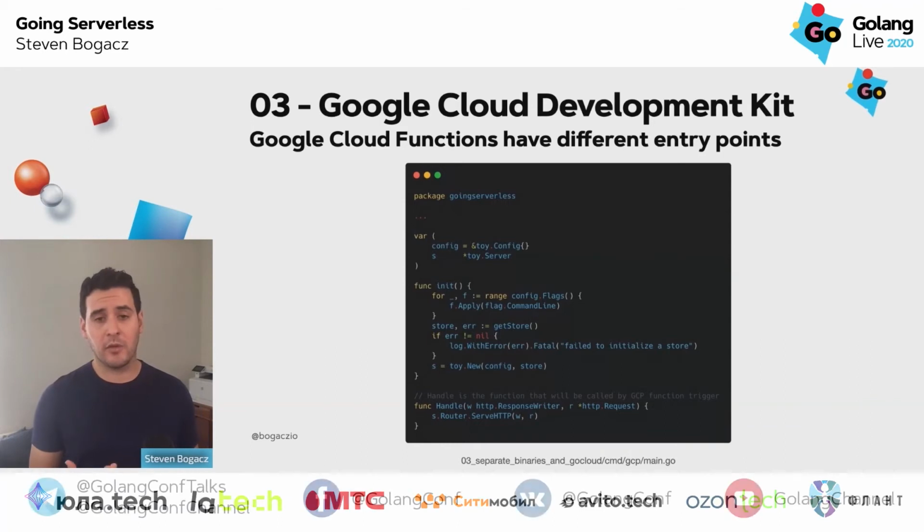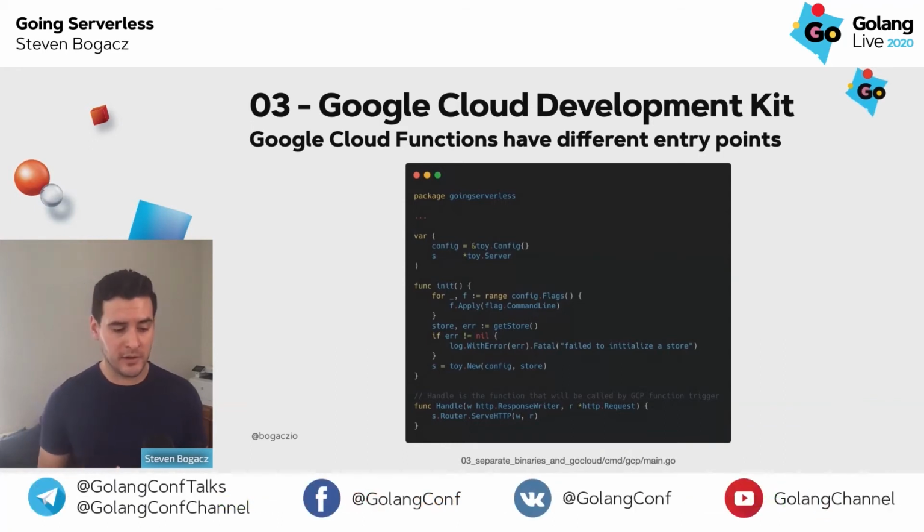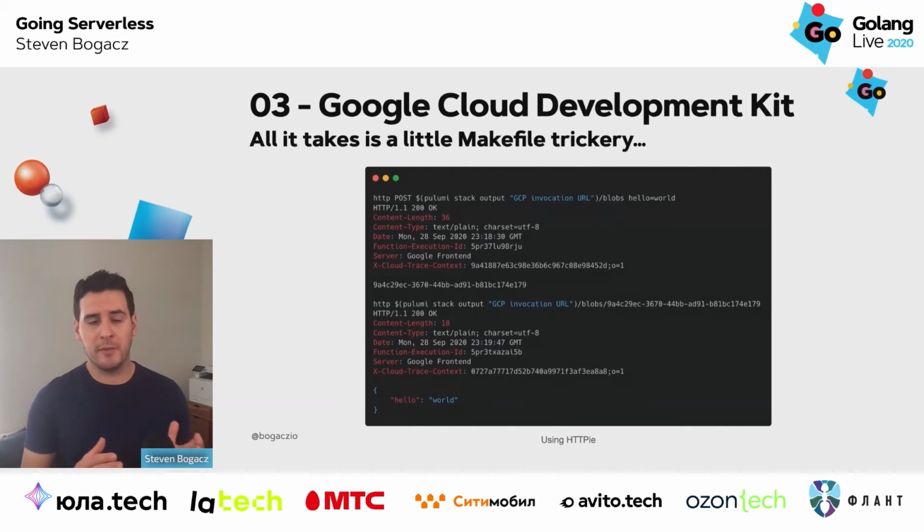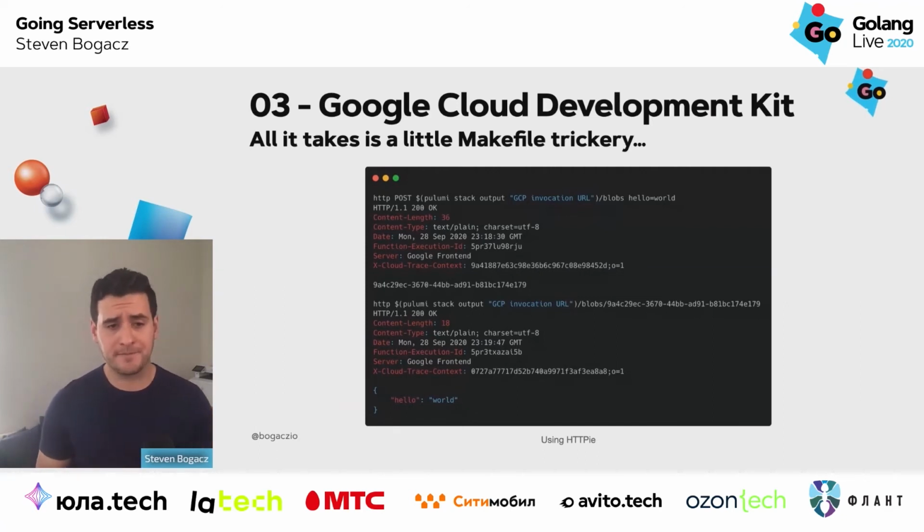However, the fact that it's not coming in through main means that we can no longer structure our code the same way. That being said, we can get around this using a little makefile trickery: we can grab all the files that we need and move them into the right package structure, and then once we have that, we can upload it to Google Cloud Platform, and it will work.